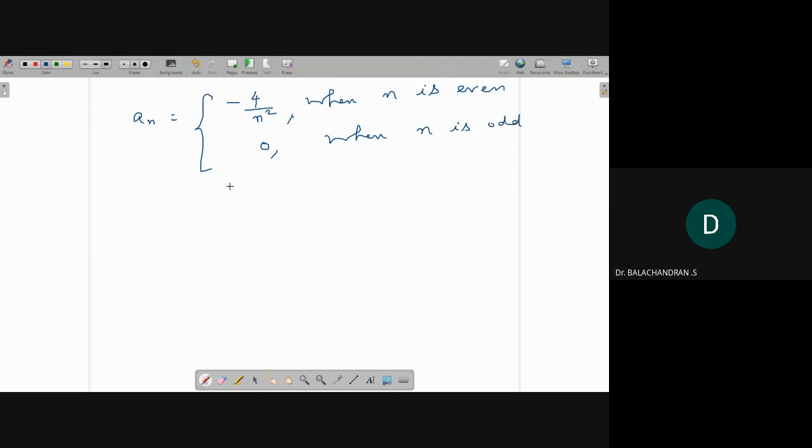Now what is f of x? I think f of x also we got it. Is it correct?